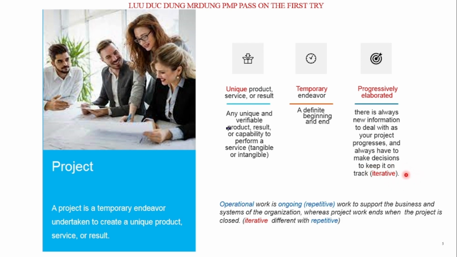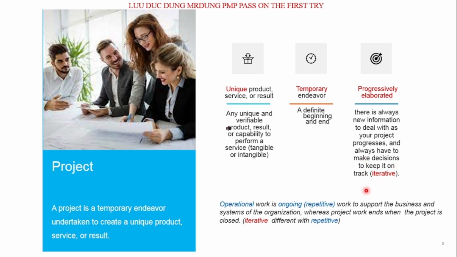Iterative is used very frequently in other methods. And we have operational work, which is ongoing. Ongoing is the same as iterative in that it repeats and loops, but ongoing is always the same.